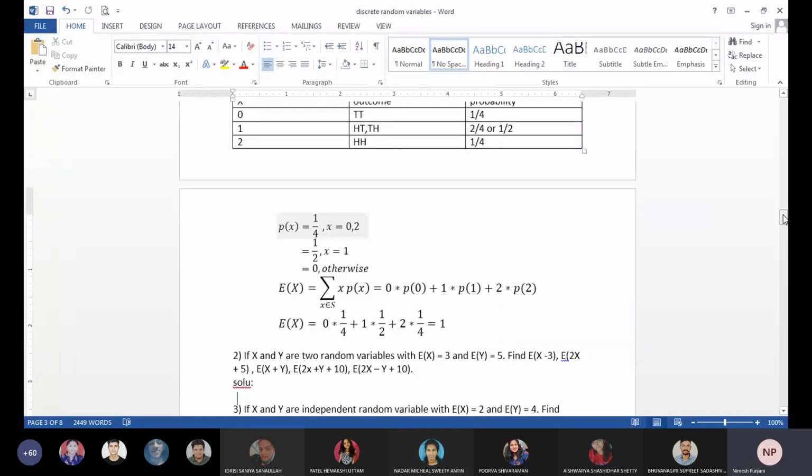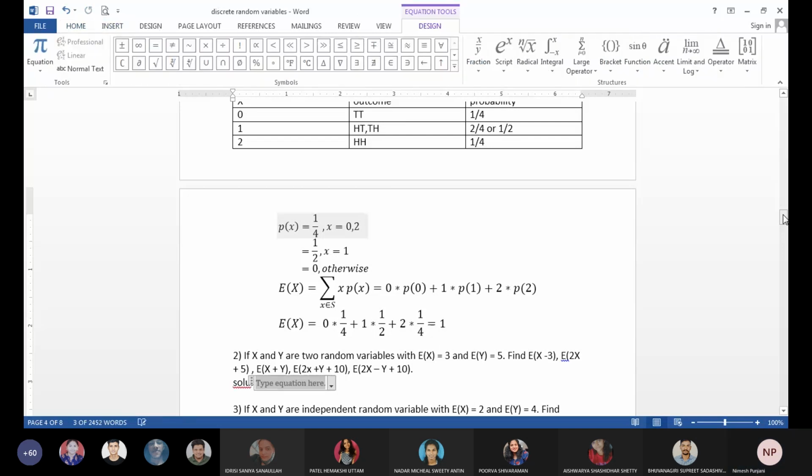Okay. So x and y are random variables with expected value 3 for x and expected value 5 for y. These things are given. We have to calculate expected value of x minus 3. First property.